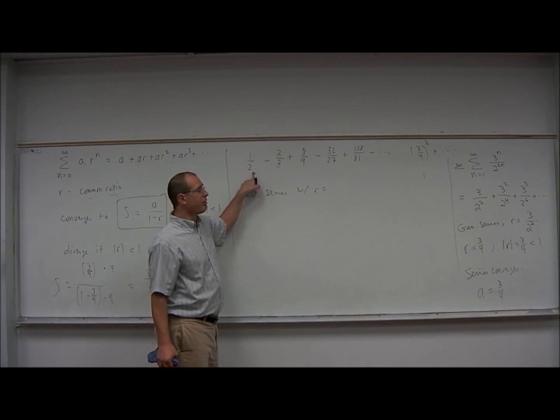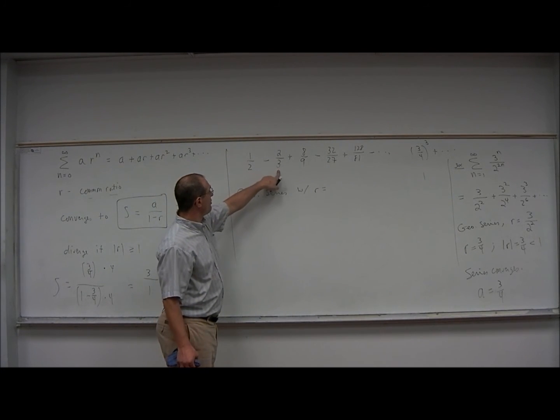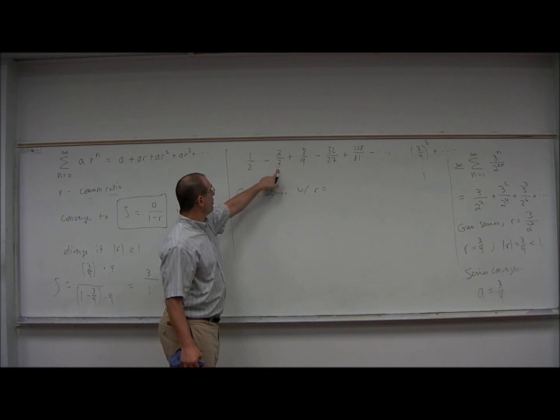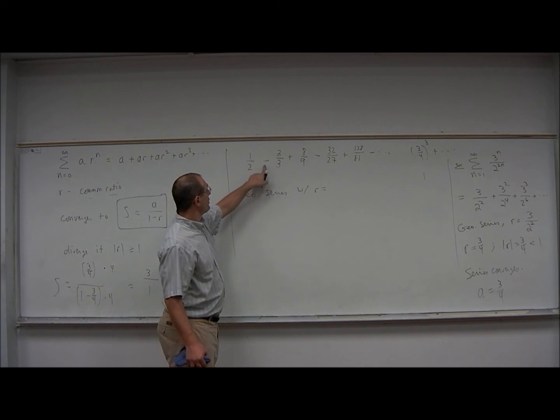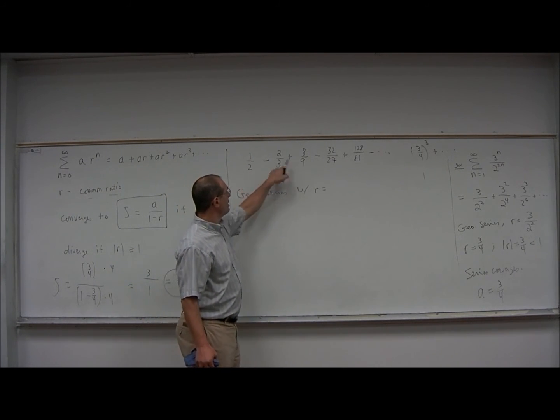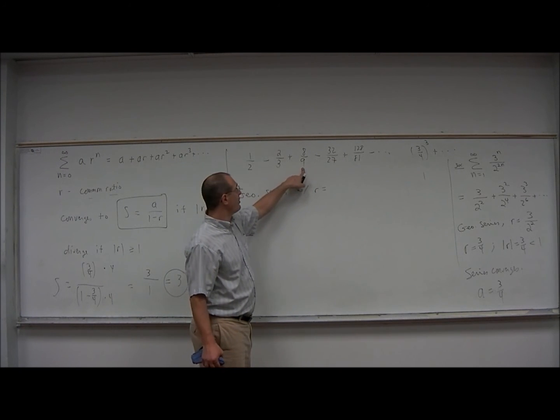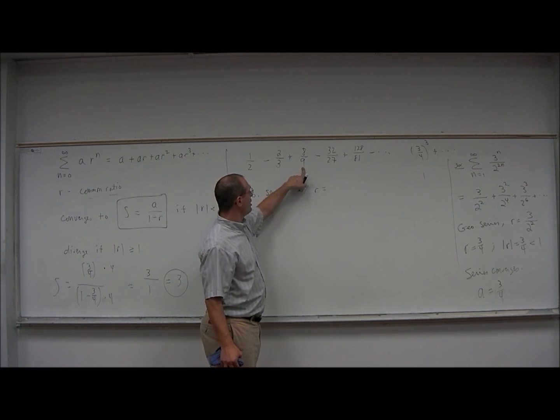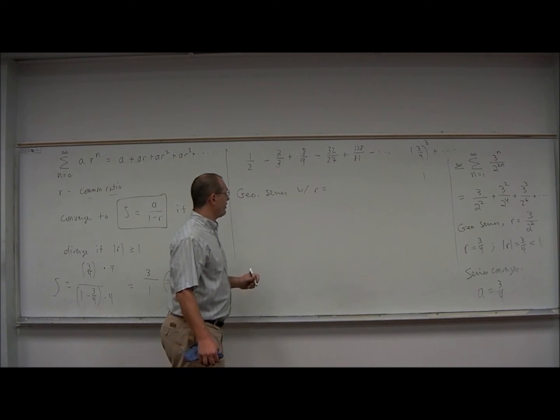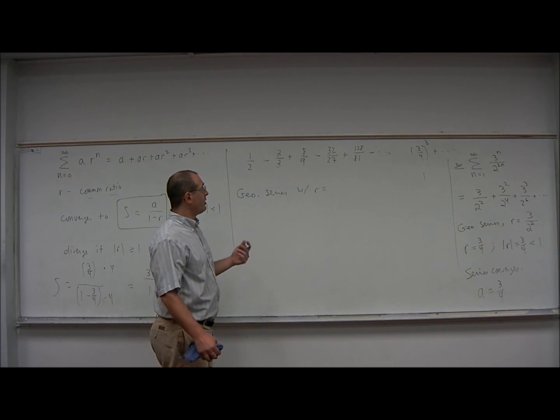If I did my arithmetic correctly here, 1/2 times something gives negative 2/3. Negative 2/3 times that same thing gives us positive 8/9. 8/9 times that same thing gives us negative 32/27. To figure out what that should be, we could divide.